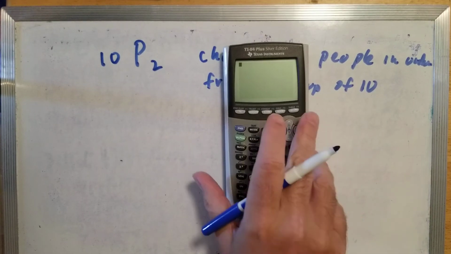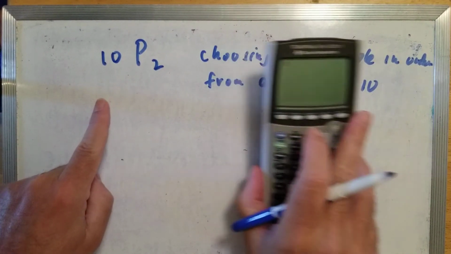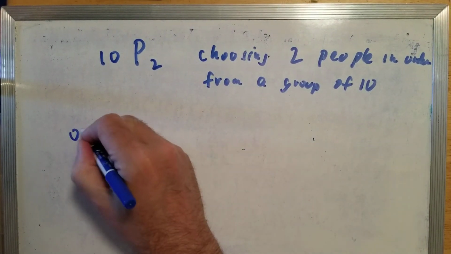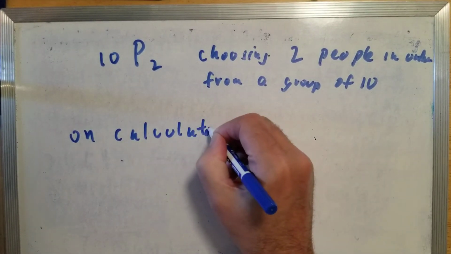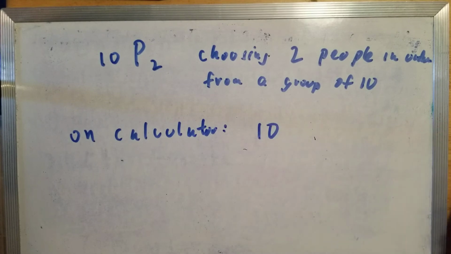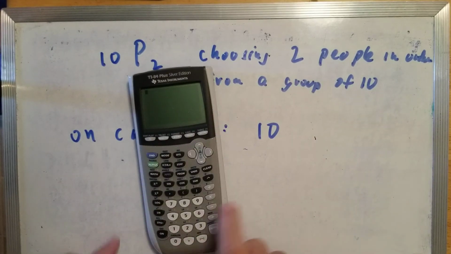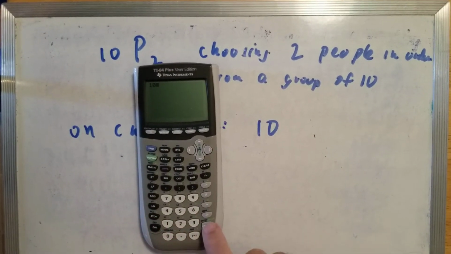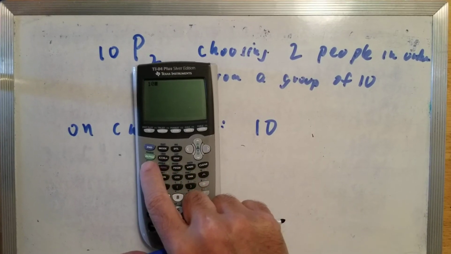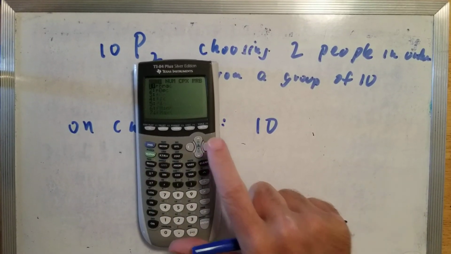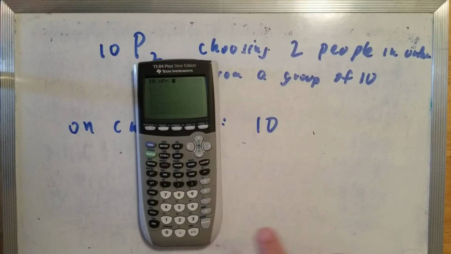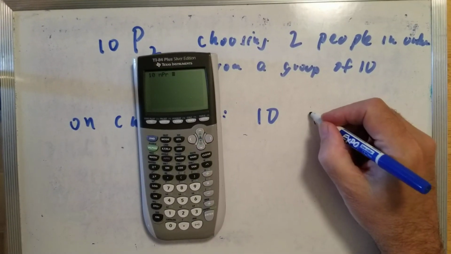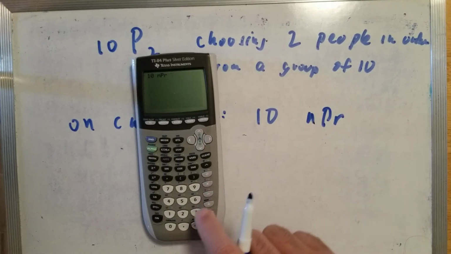But you have to first enter the first number 10, so on the calculator, 10, and then I'm going to Math, PRB, nPr, and then I'm going to enter the 2.